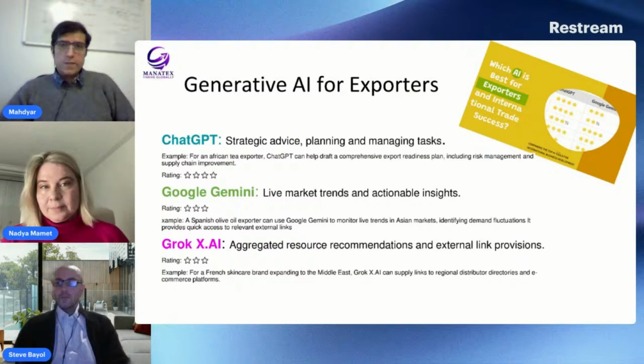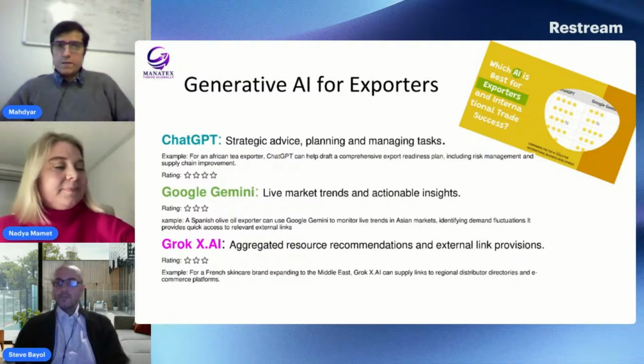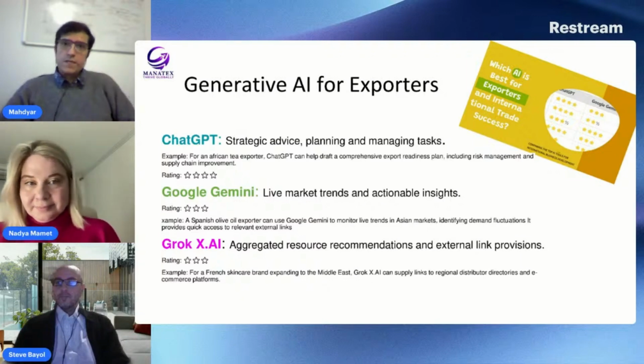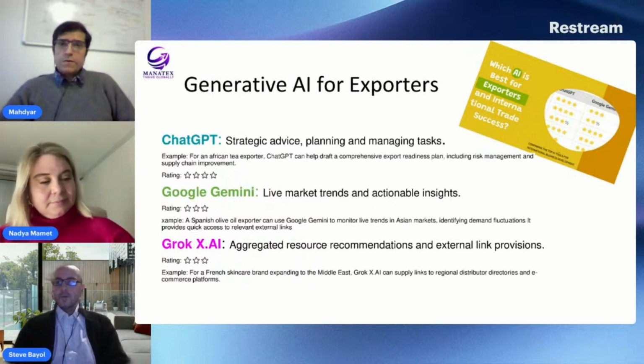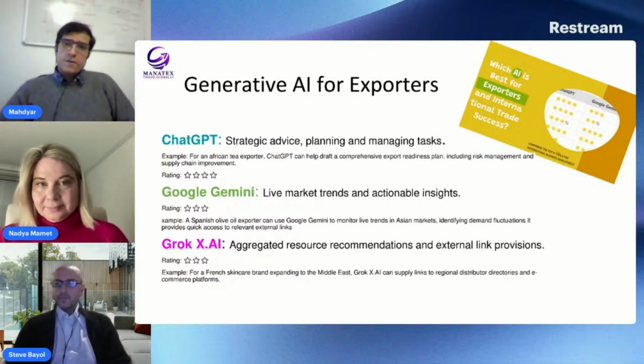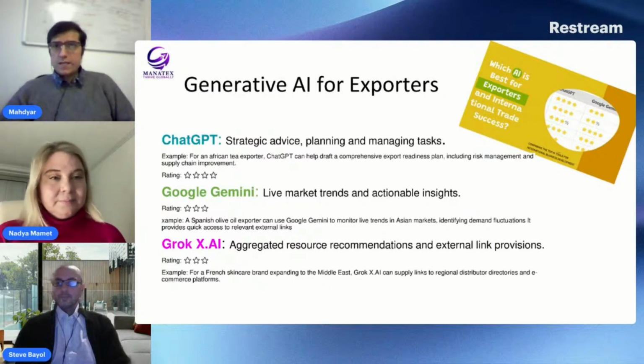The biggest ones are ChatGPT, OpenAI, that is from Microsoft, or Google Gemini, or Grok, or Mistral in Europe. These are the 3 AIs that I mainly work with, and test them with different international expansion tasks.